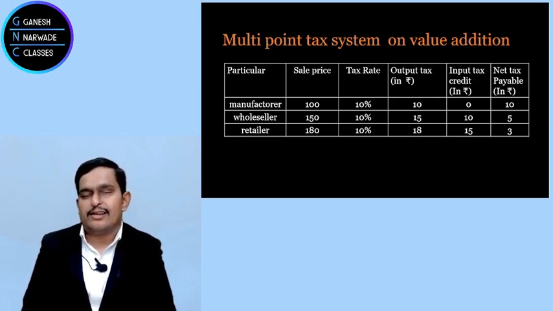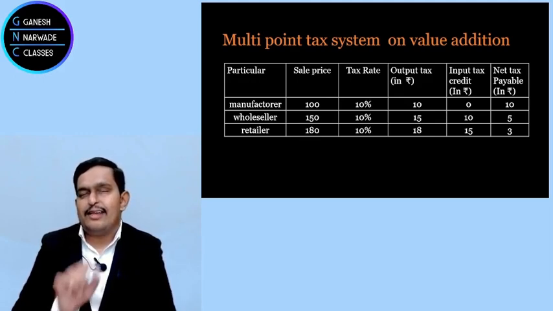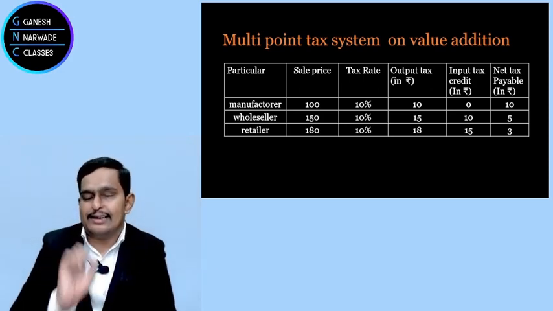Come on, concentrate. 180 into 10%. 18 rupees is output tax for retailer. But retailer already paid something, right? In the past transaction with wholesaler, right? Retailer paid 15 rupees to wholesaler. Correct? So that's why this 15 should be given as input tax credit.